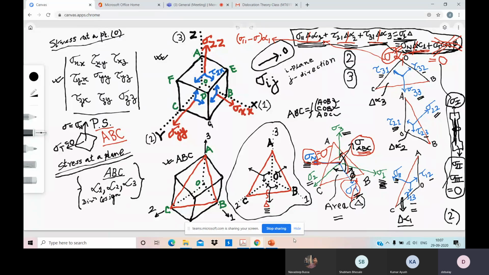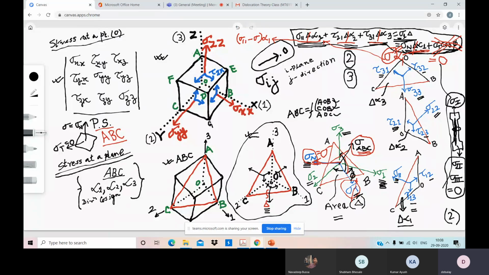We considered the plane ABC, and we have showed that the resultant stress that will be acting on the ABC plane will basically depend on the stresses acting on the 3 faces of the body, because primarily the net stress is acting at the point O. So here we are showing the stresses acting on different faces and how to express the net stress on the ABC inclined plane, and net stress sigma that can be divided into either sigma n and sigma t components on the ABC plane, normal and shear component.